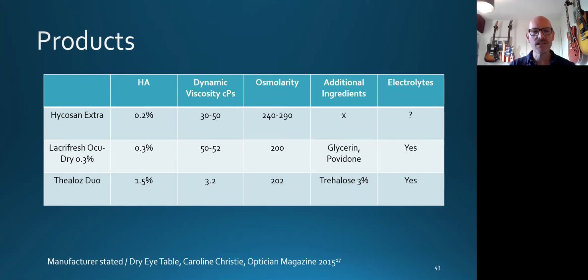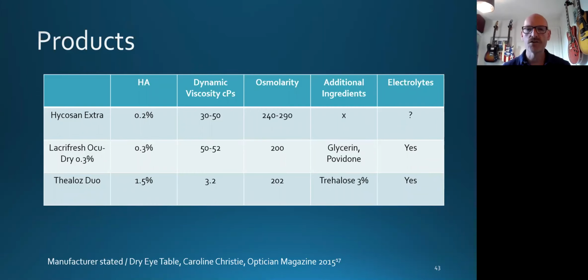What's interesting is if you then look at the viscosity, perhaps the absolute level of hyaluronic acid is not exclusively responsible for how viscous the product is. Hycosan is pretty close in viscosity to Lacrofresh, even though it's only got 2/3 of the concentration. So it tells us that other factors are at play when it comes to the formulation.